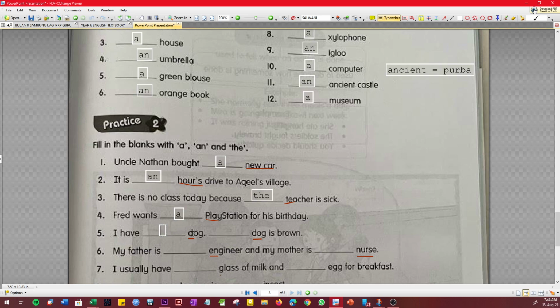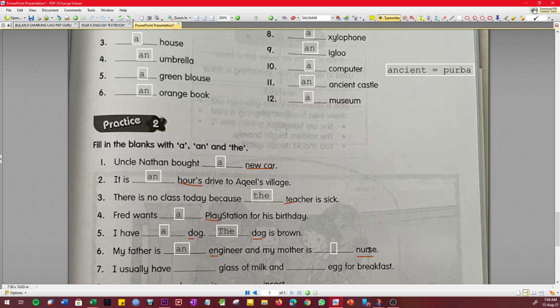I have a dog. So mentioned for the second time. What is the answer? The. Okay. My father is engineer. Okay. E. A-E-I-O-U vowel. So, an engineer.